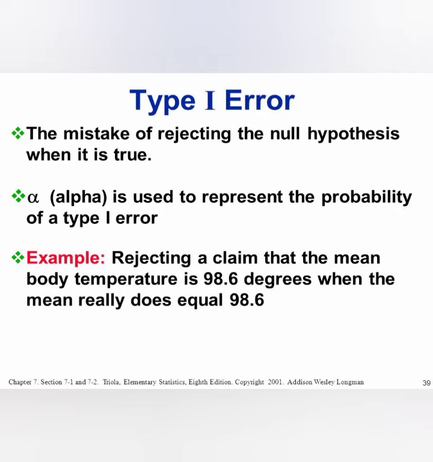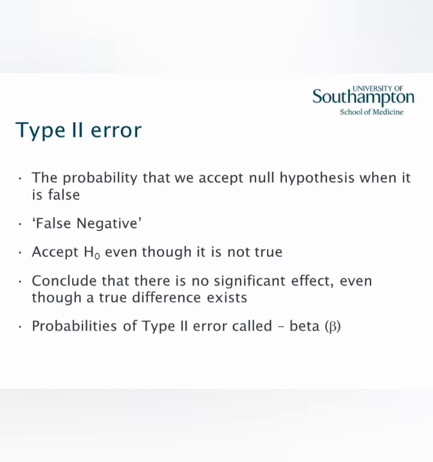But if the inference comes out that there actually exists a difference between the sample means, then we should reject the null hypothesis. Now, a type 1 error is basically a wrongful rejection of the null hypothesis. That is, we are rejecting the null hypothesis.